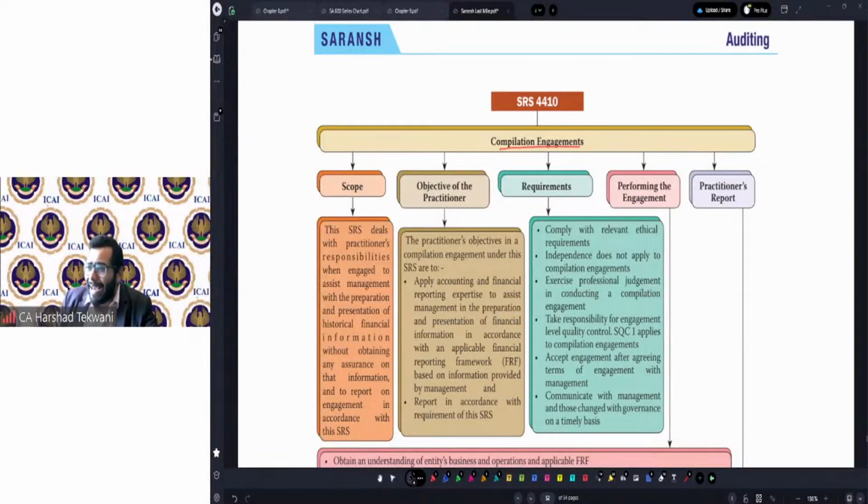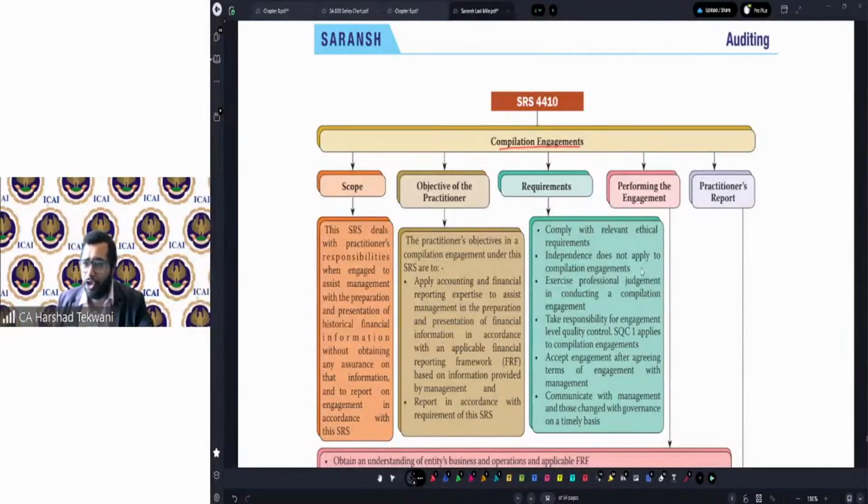When I talk about a compilation engagement, here I am assisting the management in the preparation and presentation of financial statements. I'm compiling the information for them. That could be financial or non-financial, based on the type of information I'm compiling. But here I'm preparing and presenting historical financial information in a compilation way. I'm bringing things together, and I am not giving any assurance.